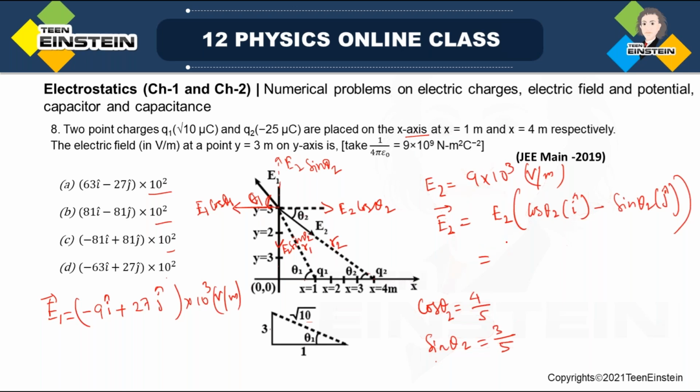So we can just write it here. 9 into 10 to the power 3, and here I'll keep i cap as it is. So it is 4 by 5 i cap, and this is minus 3 by 5 j cap. Okay, in this way.